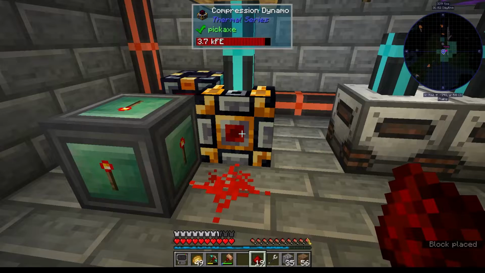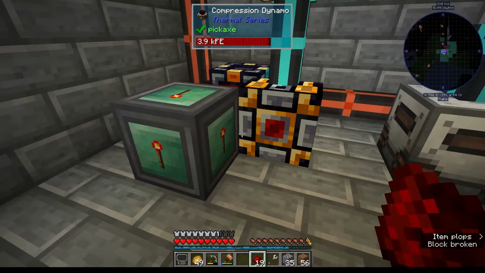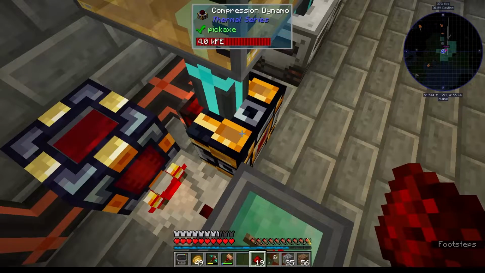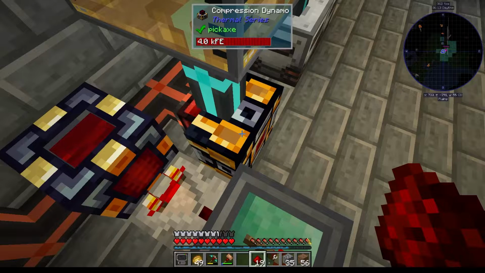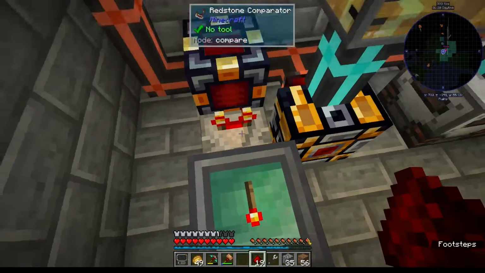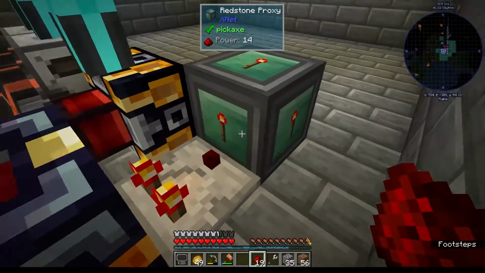And this does turn this guy on, which is kind of what we want. Not quite, but kind of. What I do want is for him to run if this guy is, say, 10 or less. He's 14 right now, so he's fine.